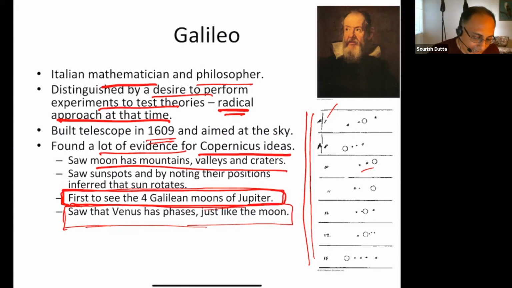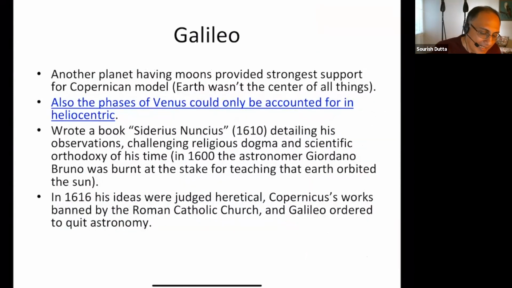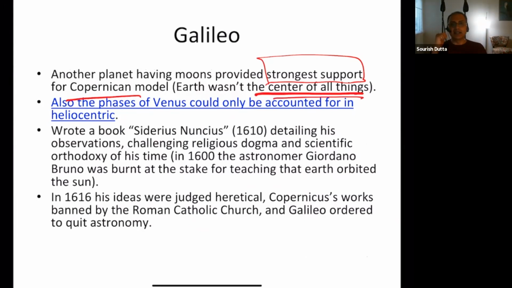All right. Now, another planet having moons provided the strongest support for the Copernican model, which is that the Earth wasn't the center of everything in the world. So the fact that Jupiter has moons clearly proved that it's not correct to say that the Earth is the center of everything. Also, the phases of Venus could only be accounted for in the heliocentric model, as I just mentioned.